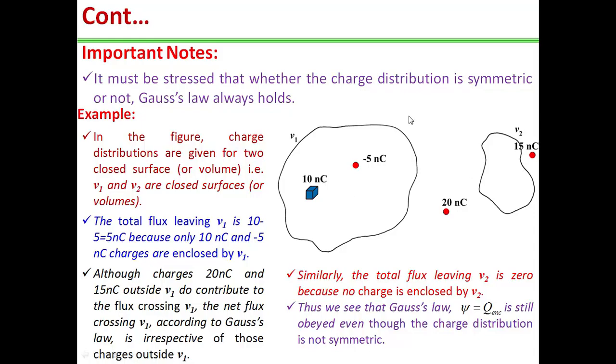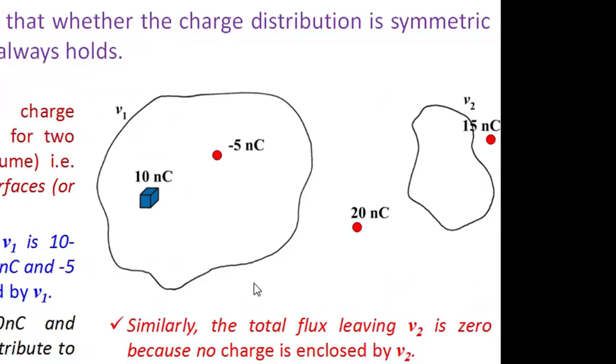For example, look at this figure. Consider the charge distribution of the figure where V1 and V2 are closed surfaces, or you can say volumes. The total flux leaving volume V1 is 10 minus 5, that is 5 nanocoulomb, because only the 10 nanocoulomb and minus 5 nanocoulomb charges are enclosed by volume V1.